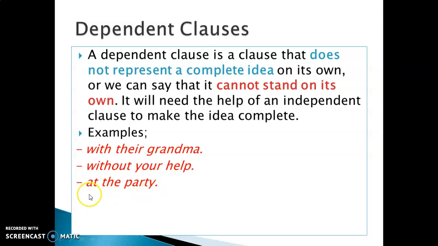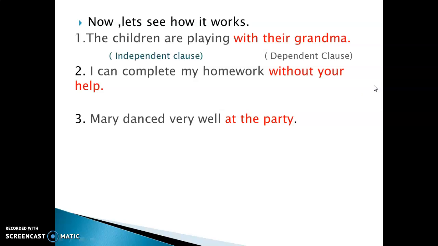Okay, at the party. What happened at the party? Now, if you find a group of words like this, that you will have questions in your head, it means that it is a dependent clause. It does not make sense on its own.